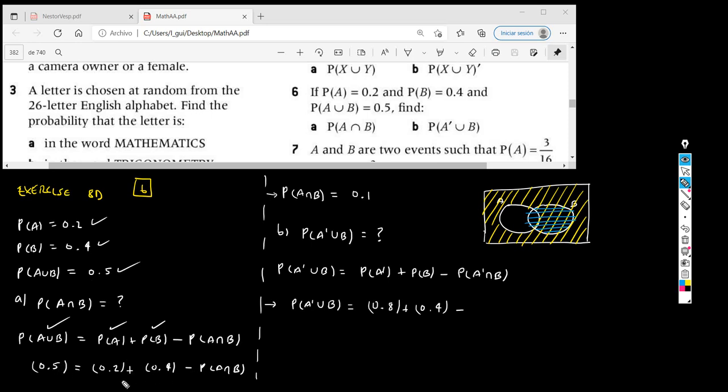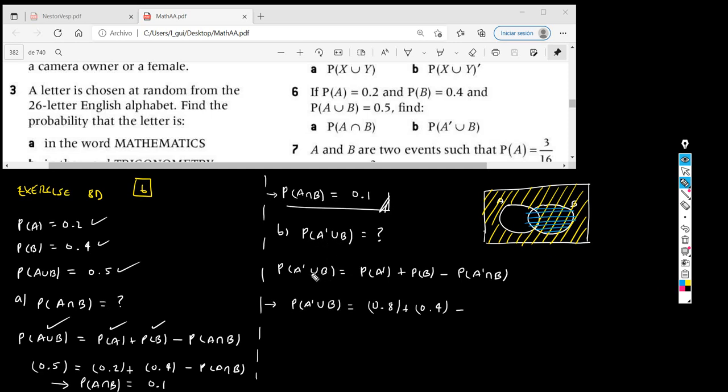I have the substitutions in here, and when you isolate this probability, you should be getting 0.1. So that's the first question. And then B, the probability of A prime or B.